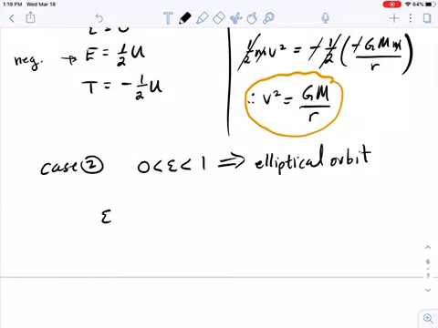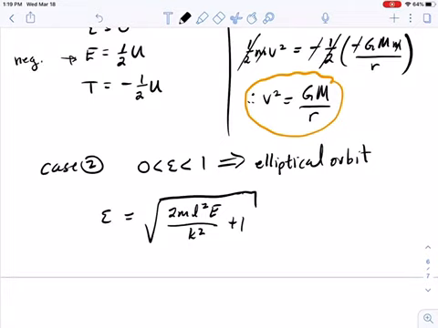Okay, so this one will be less work actually. Although it seems like a more complicated case, the result that we want, we will get very quickly. So this was what we calculated for the eccentricity in terms of the mechanical energy. And we want this to be something that is less than 1.